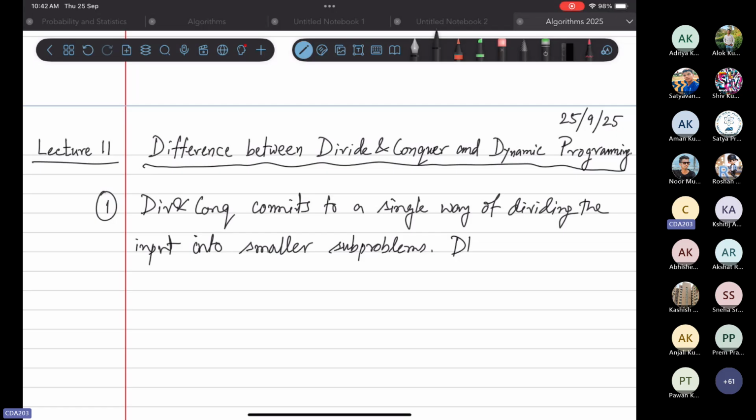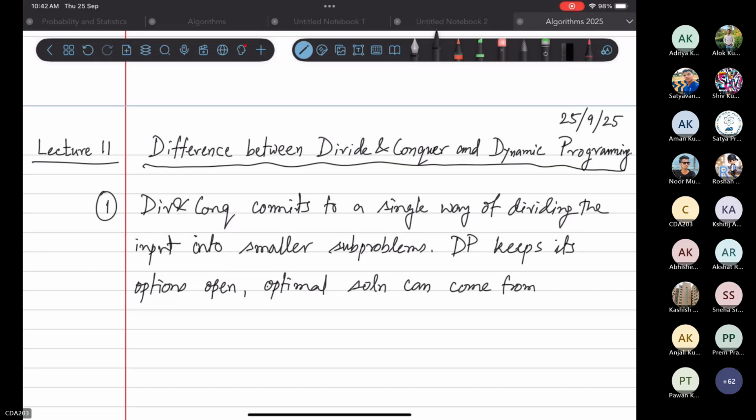But in dynamic programming, we keep our options open, and that is because the optimal solution can come from any smaller subproblems, right?